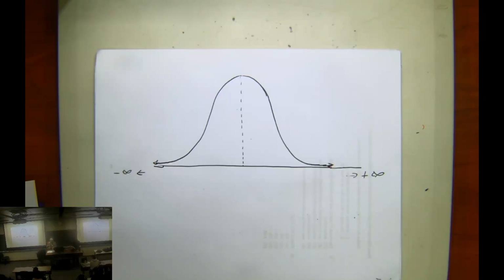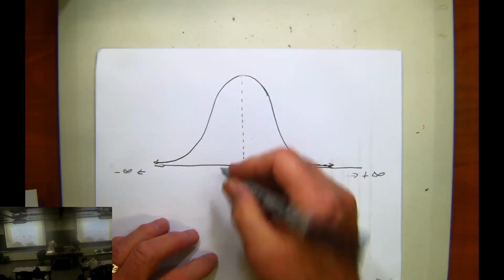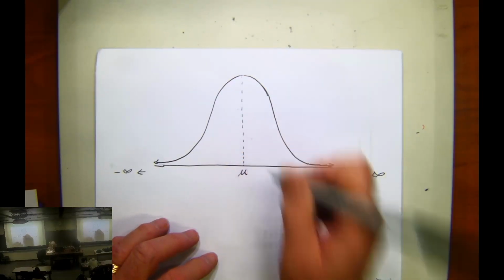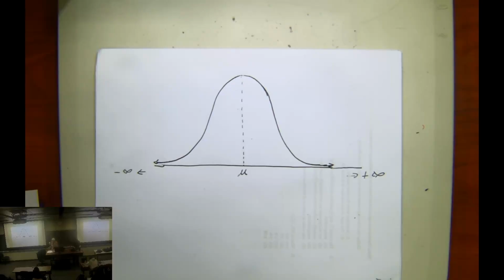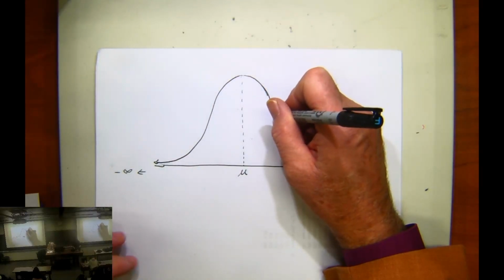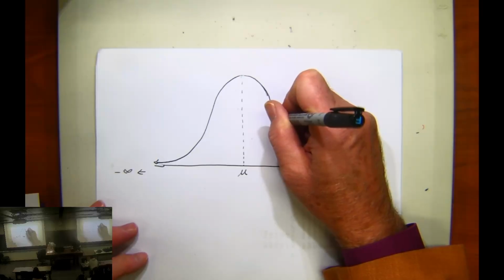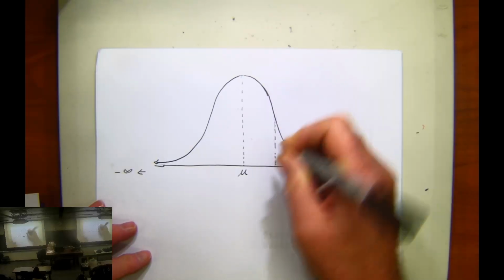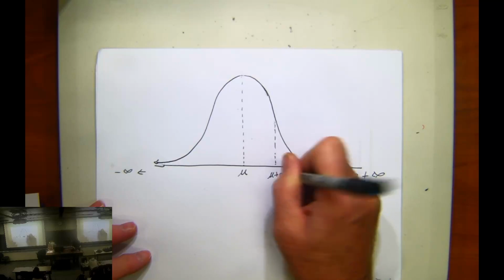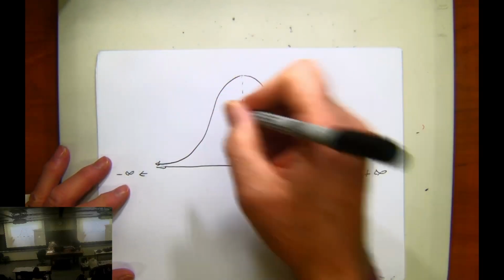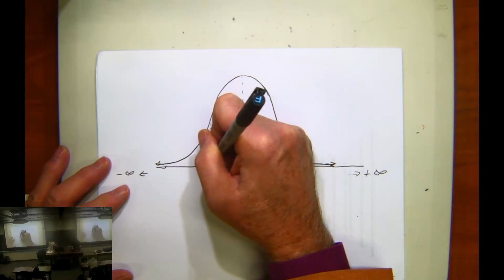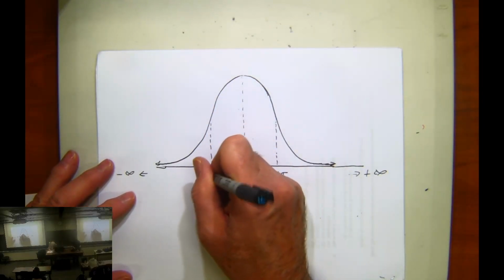Without actually doing any math, because this is a symmetric distribution around the center, it turns out that this is the mean of the distribution. And these points of inflection occur at mu plus sigma and mu minus sigma.